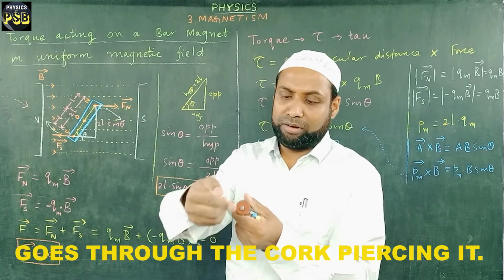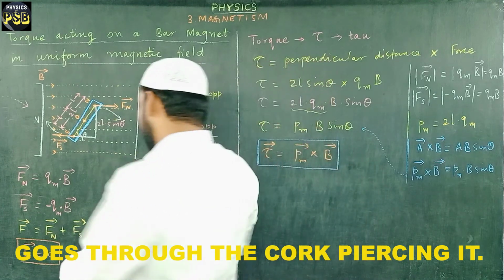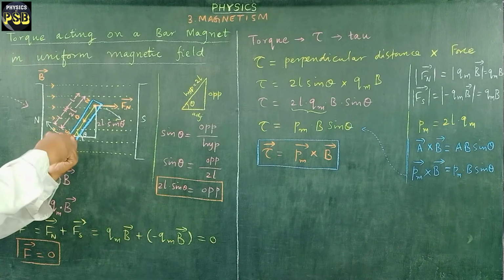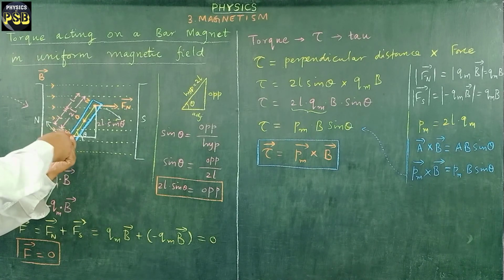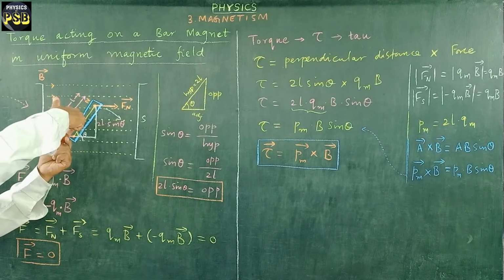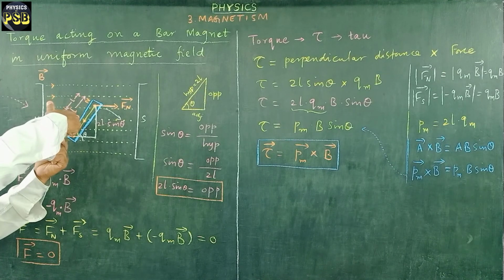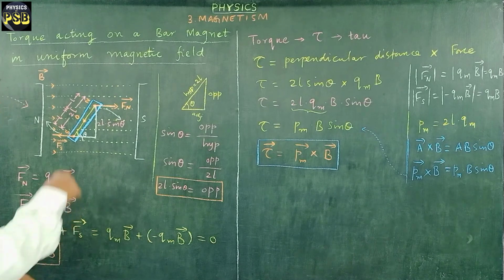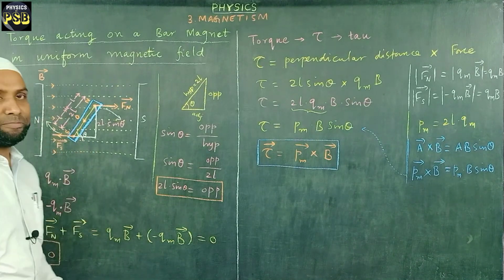You can see it projects inward. Similarly, here I place the corkscrew in this manner and I rotate in clockwise direction. Then the corkscrew moves inward. So according to the corkscrew rule, the torque acts inward.